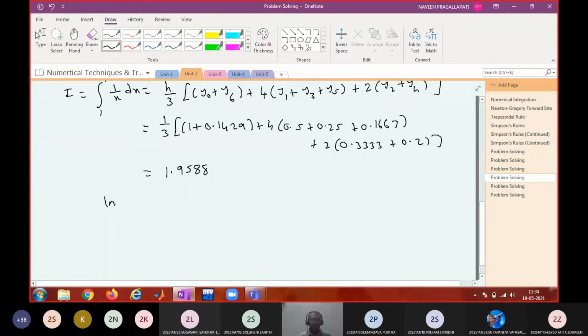What is log 7 to the base e using your calculator? Round it to 4 decimals. What is your calculator value? 1.9459. Okay.